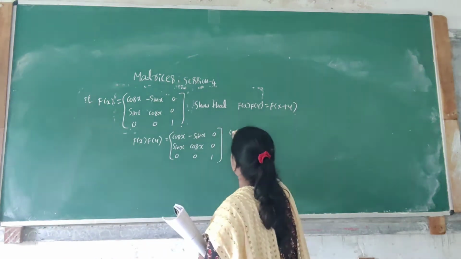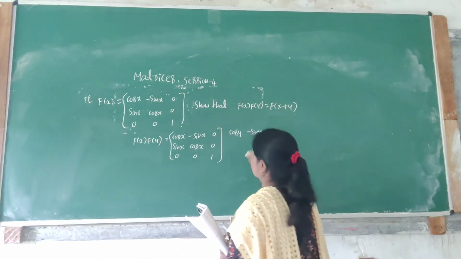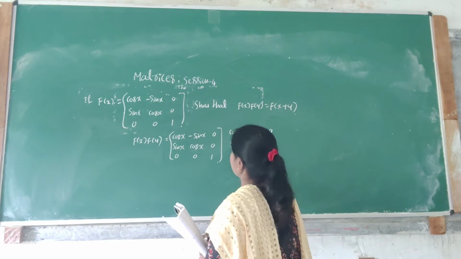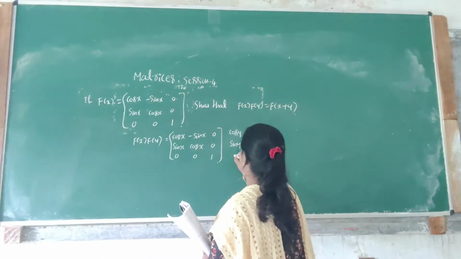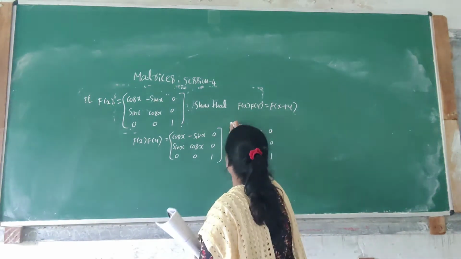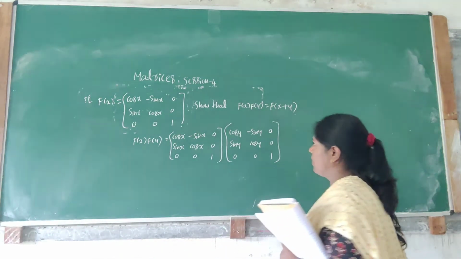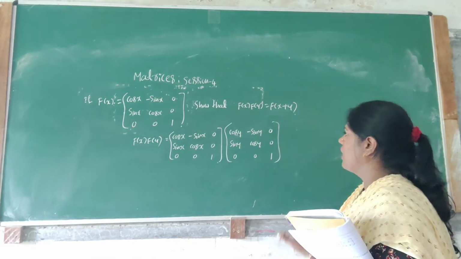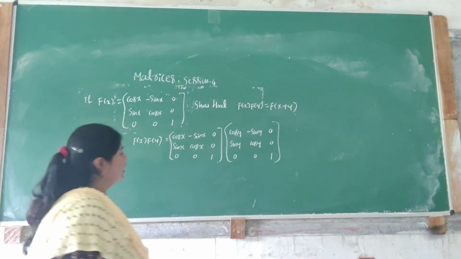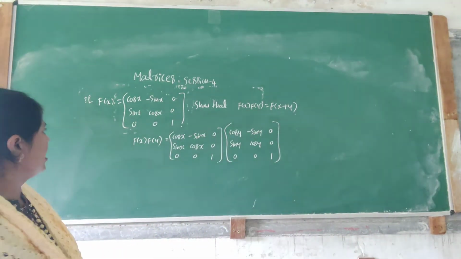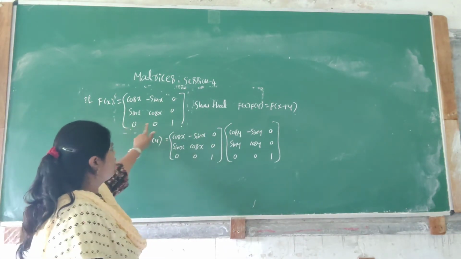F of y is cos y, minus sin y, 0; sin y, cos y, 0; 0, 0, 1.